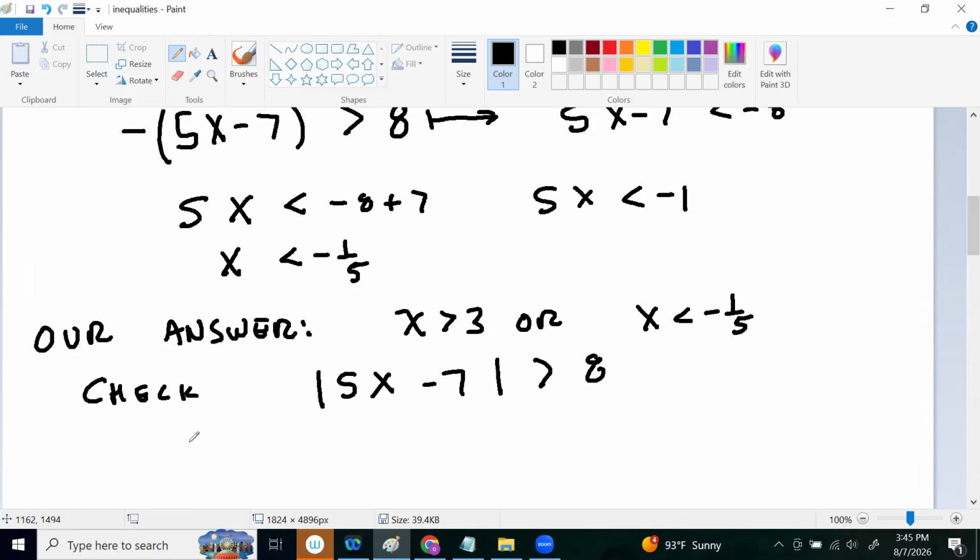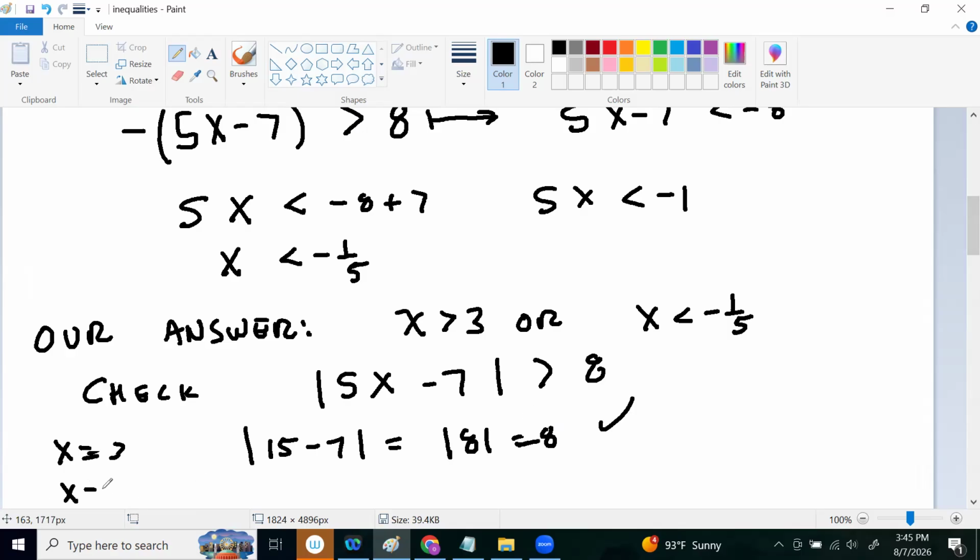So let's check if x is 3, we get 15 minus 7, which is absolute value of 8, and that's equal to 8. So you make it bigger, well, that works.